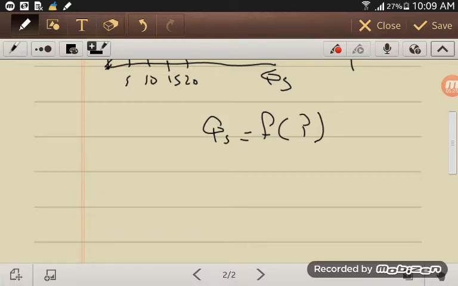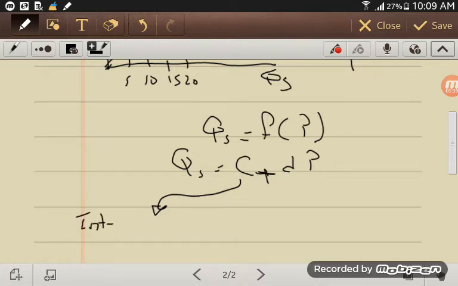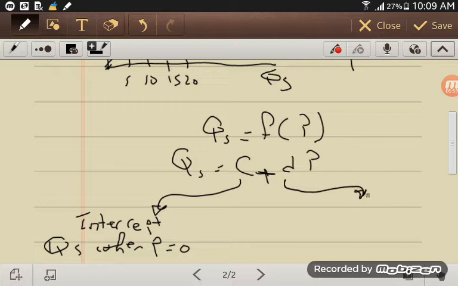So we can write it as QS equals C plus DP, where C is the intercept, which is QS when price equals 0, and D is the slope, which is the change in QS over the change in price.